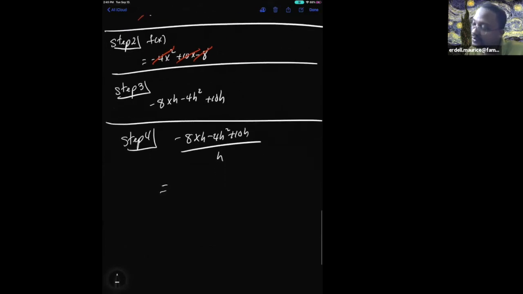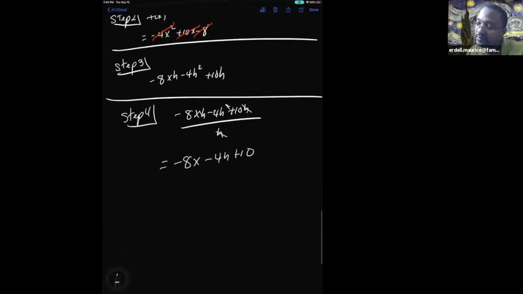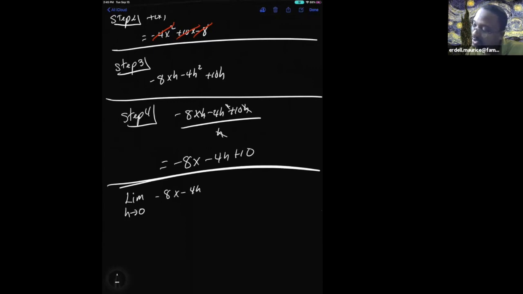And that will leave us with, cancel, negative 8x minus 4h plus 10. Now that I have simplified, I take the limit as h goes to 0. Negative 8x minus 4h plus 10.